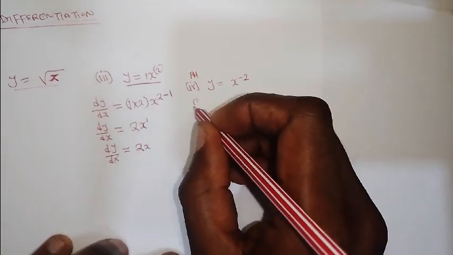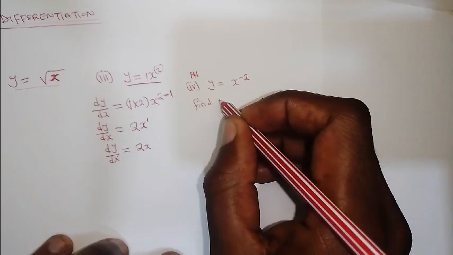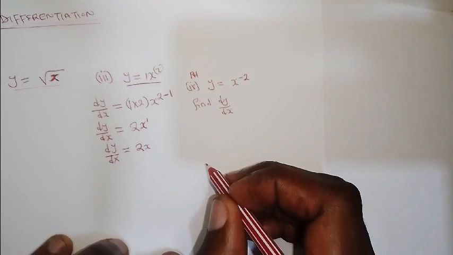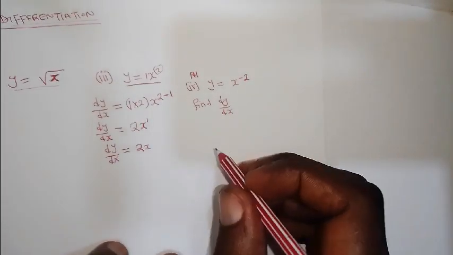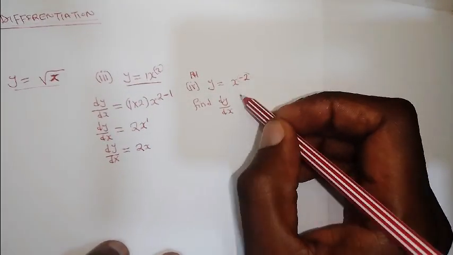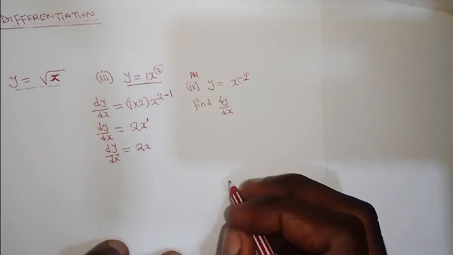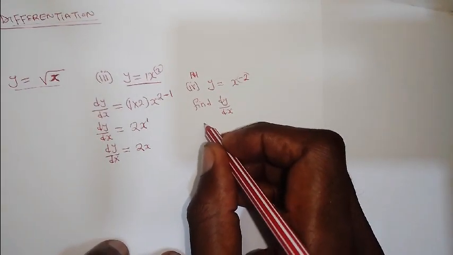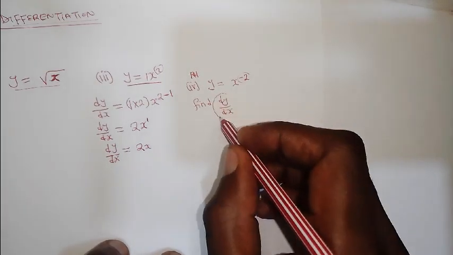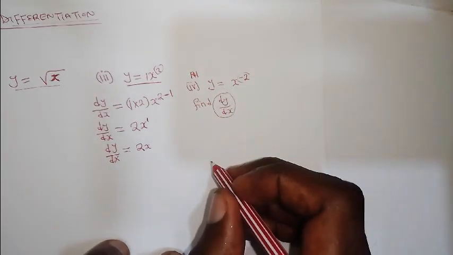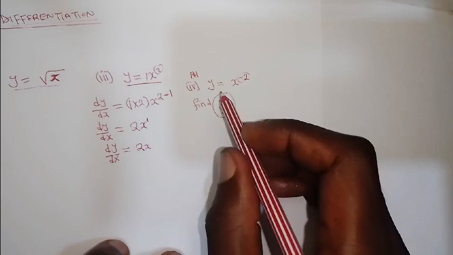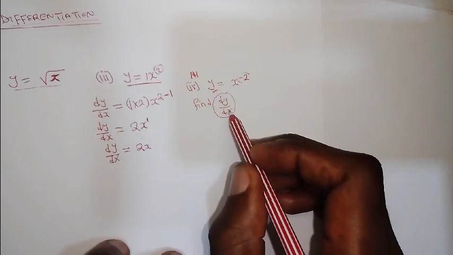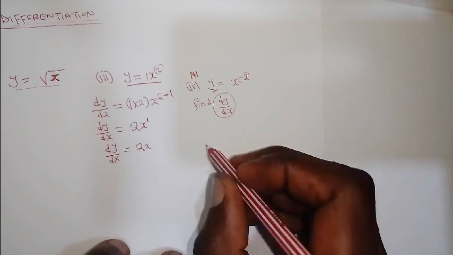We say find dy over dx. When you have a power which is negative, you have to pay much attention and be careful. Remember that dy over dx just means differentiate this equation, or differentiate y with respect to x.